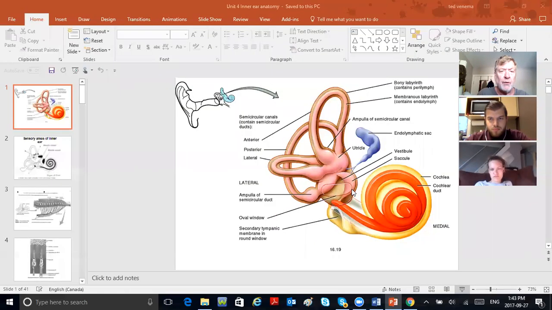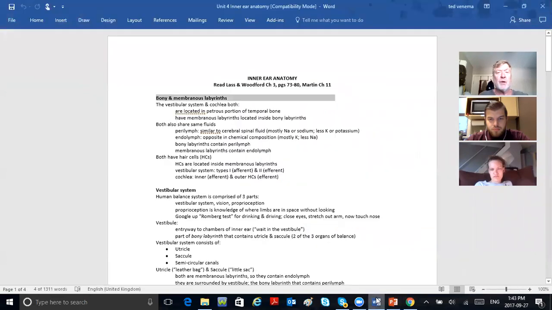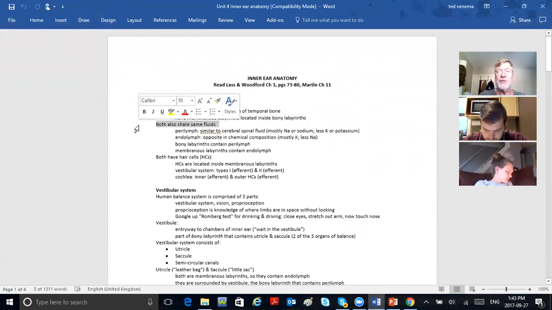Okay, we'll escape out of here and now read where we were. The vestibular system and cochlea both are located in the petrous portion of the temporal bone. They both have membranous labyrinths located inside bony labyrinths. They both share the same fluids. And the two different fluids are called perilymph and endolymph.